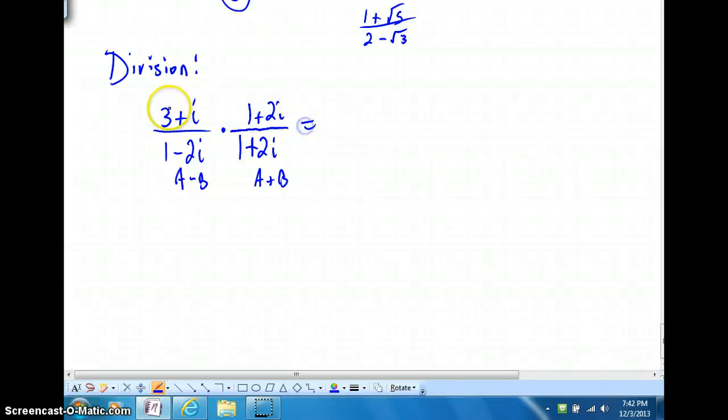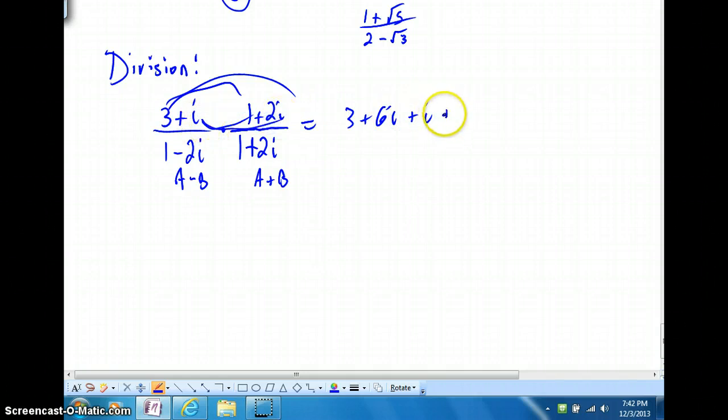Now up on top, we could say 3 times 1 is 3, 3 times 2i is 6i, i times 1 is just an i, and i times 2i, of course, is 2i squared. Down below, 1 minus, well, here's our 4i squared. Hey, we just did that a moment ago, didn't we?